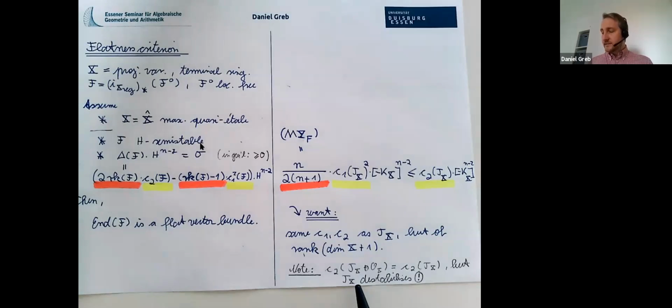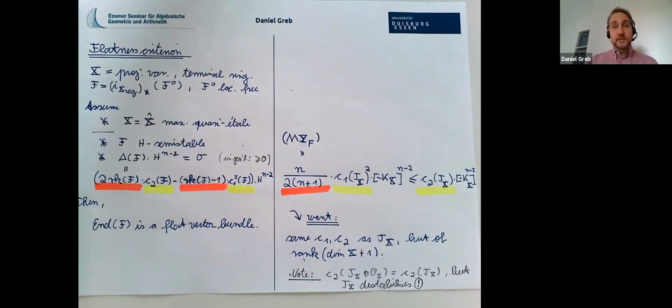You write Tx as a sum of line bundles, and then you just add a trivial line bundle, and then you write this product, where you add a trivial factor, and then the C2 does not change. But this is not a semi-stable bundle, because the C1 of this bundle is the same as the C1 of Tx. So Tx destabilizes this rank n plus 1 sheaf. So this is not semi-stable.